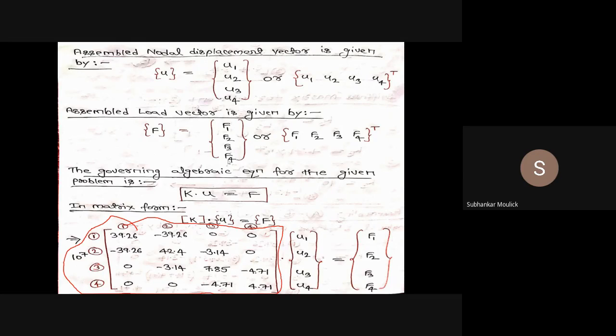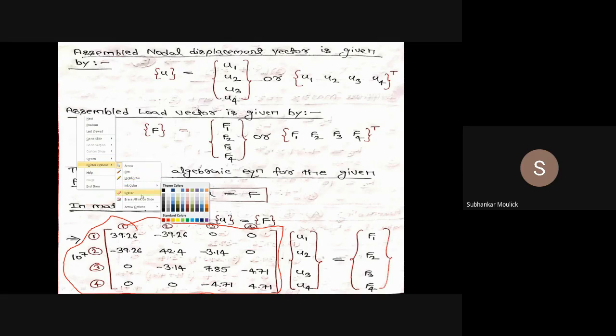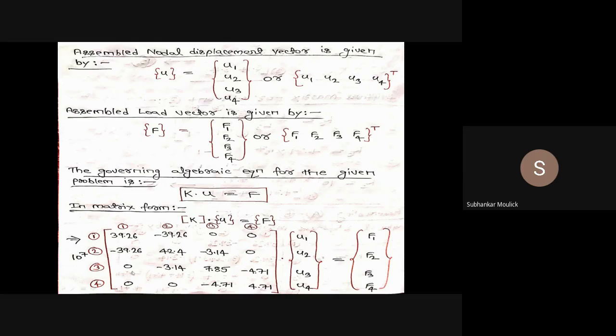Fine. So let us write all these things in matrix form. This is your global stiffness matrix, a 4 by 4 matrix, into the column matrix of assembled nodal displacement vector U1 U2 U3 U4, equal to the assembled load vector F1 F2 F3 F4.